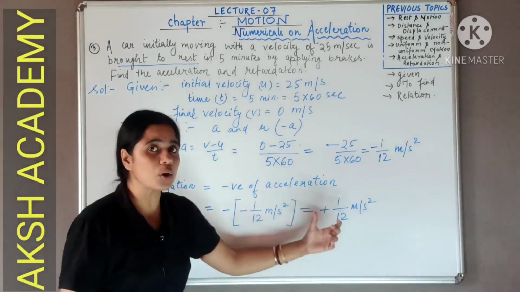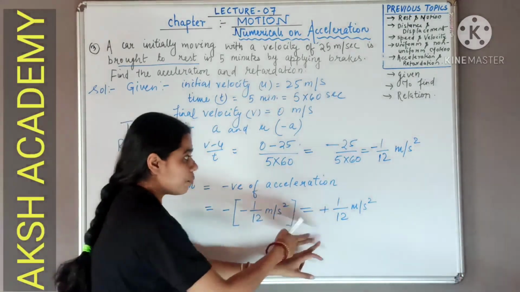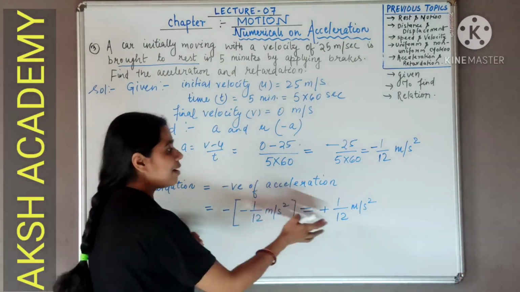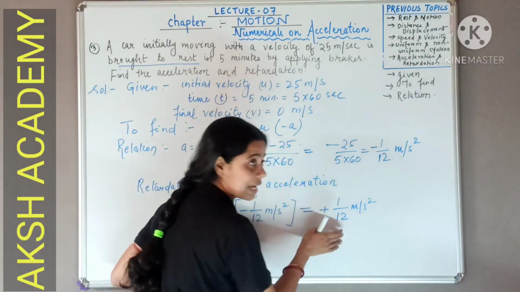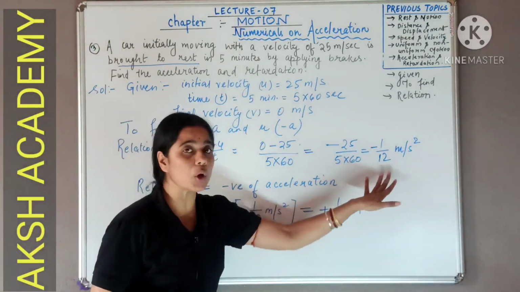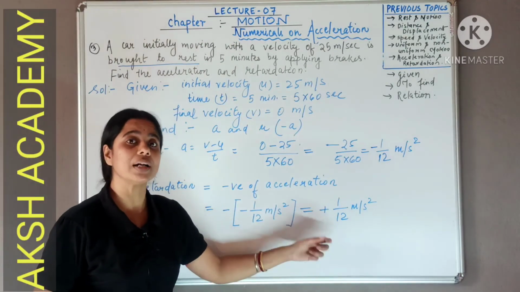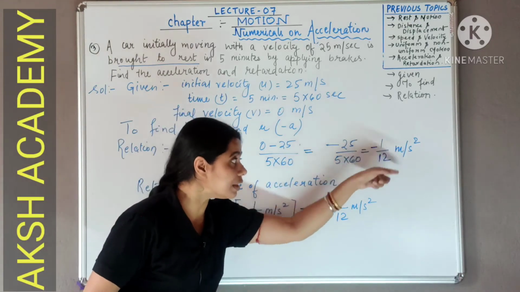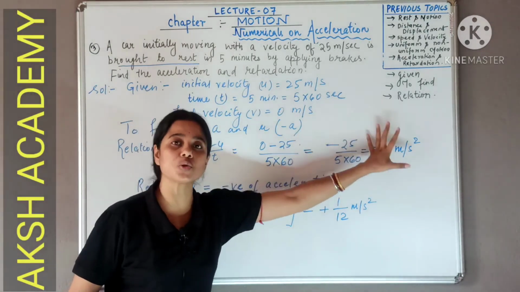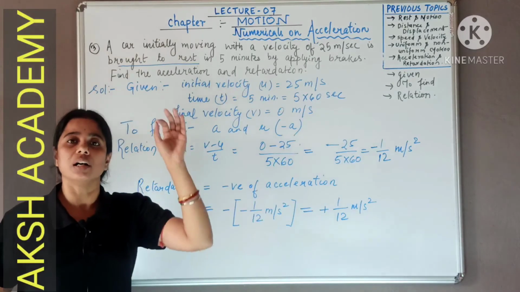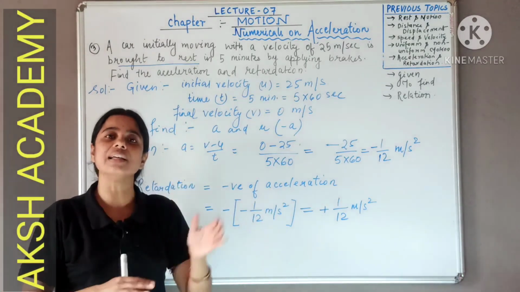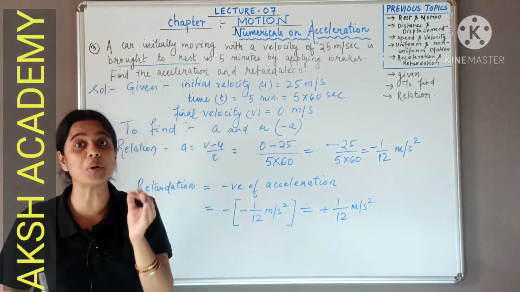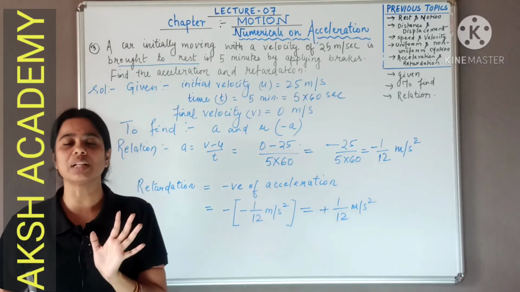Now in this question, what you have to see is the magnitude of acceleration and retardation is always the same. Okay, magnitude will always remain same, but the negative value in the acceleration shows that the car or the vehicle is reducing the speed with respect to time.